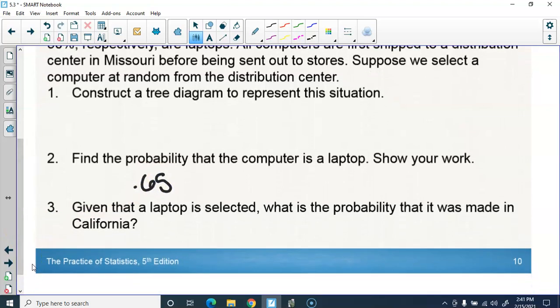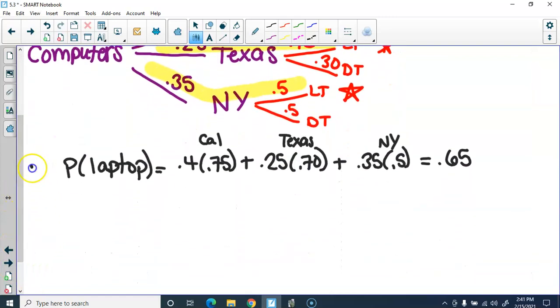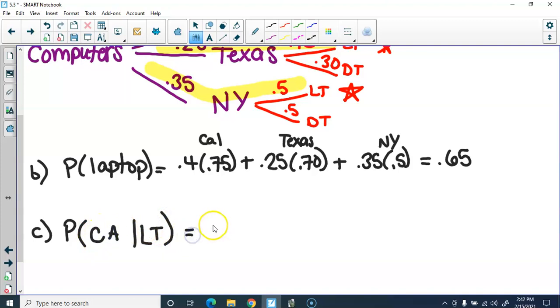Given a laptop is selected, what is the probability it was made in California? So this is part C. Given laptop, what's the probability it was made in California? So remember that we do a probability of A and B, so California and laptop, divided by the given probability, which in this case is laptop.